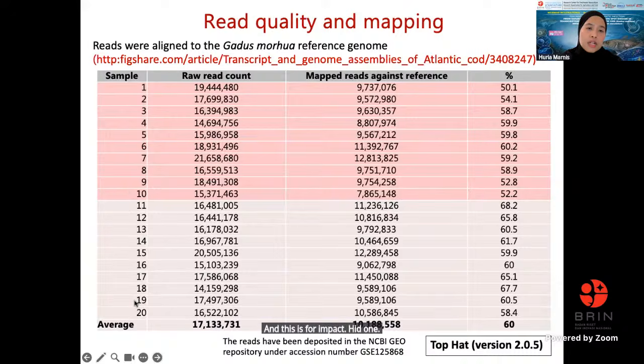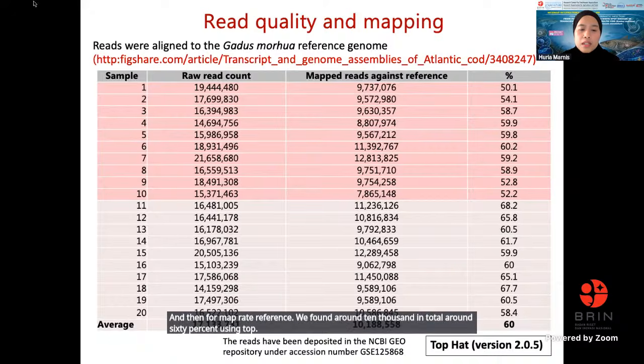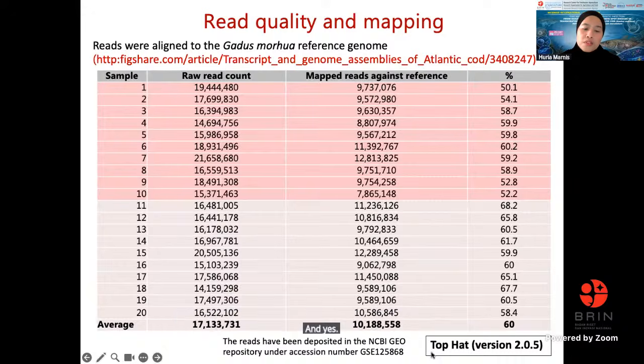The average raw read count was around 17,000, and for mapped reads against the reference, we found around 10,000, in total around 60% using TopHat software. We have deposited all those data in the NCBI database, and this is the accession number for those reads.